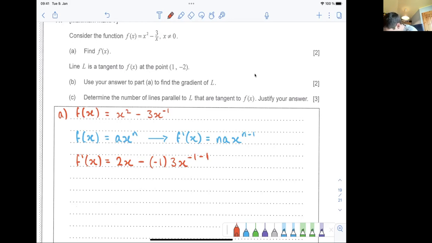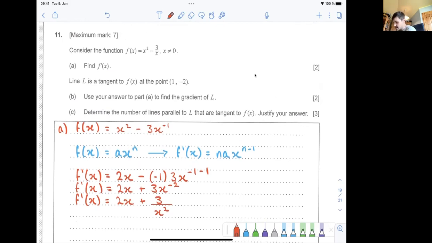If we clean this up, we're going to get 2x plus 3x to the power of -2, which we could write, to follow the format in the question, as 2x plus 3 over x squared. And so there is the answer to part A.